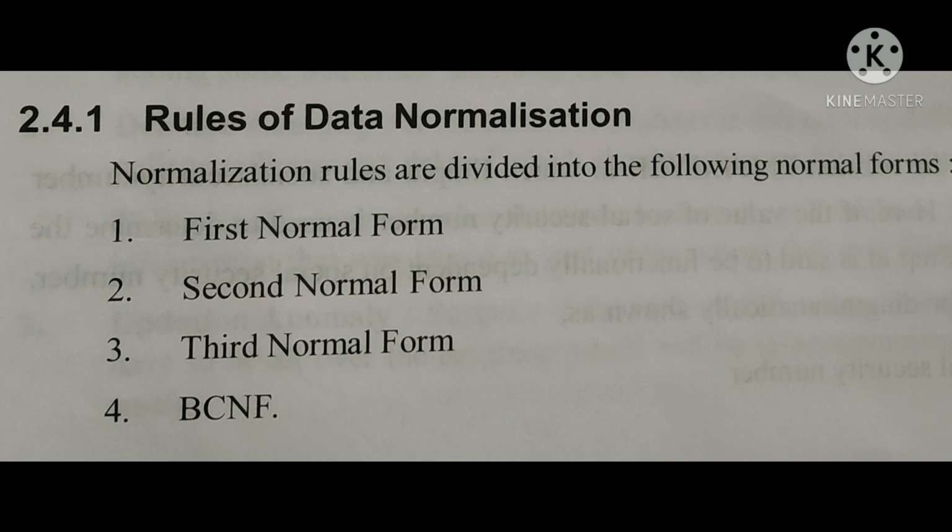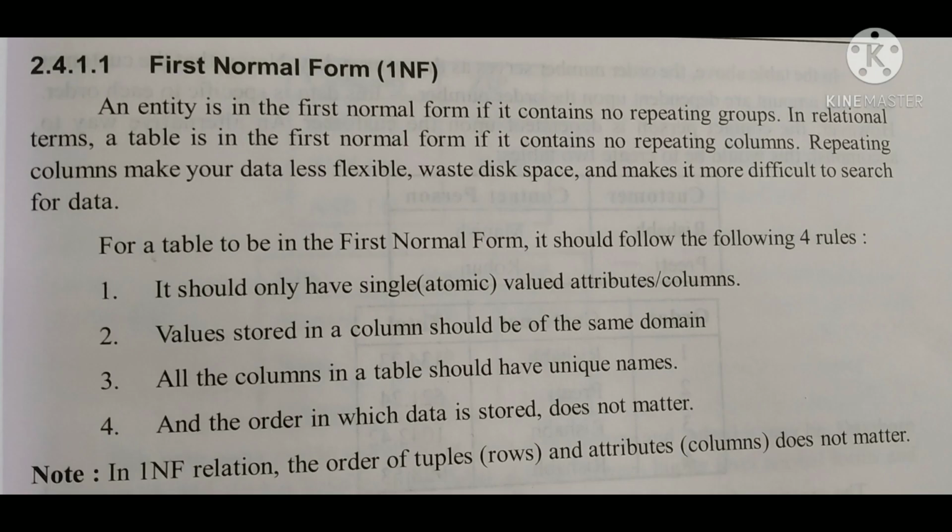The second point: values stored in a column should be from the same domain. For example, orders are all stored in the order column, customers in the customer column, contact persons in the contact person column, and the total amount values in the total column.